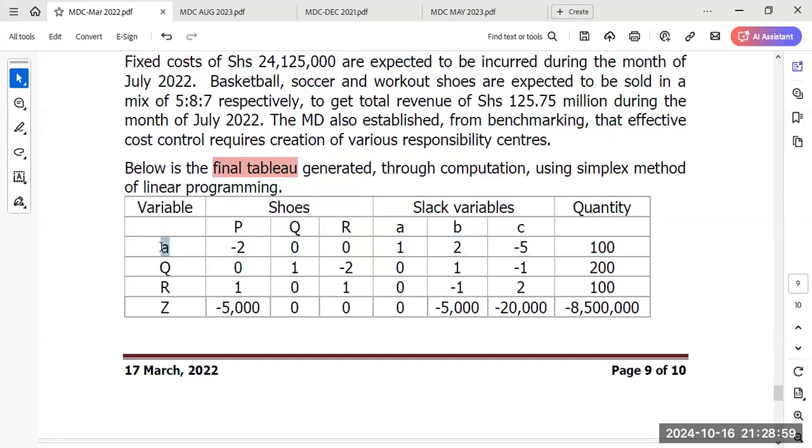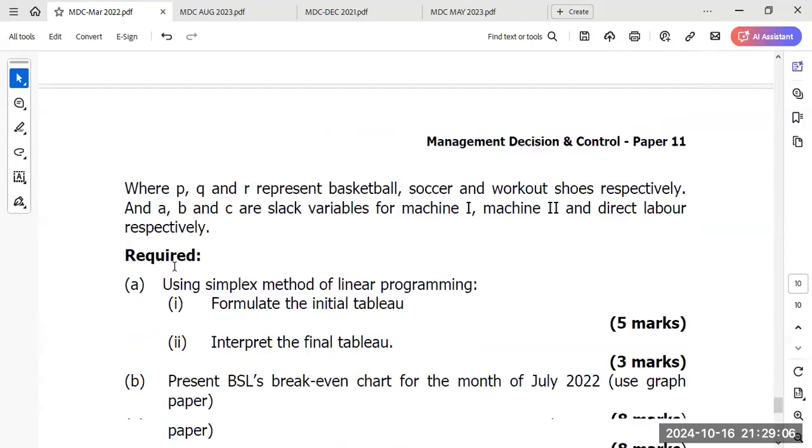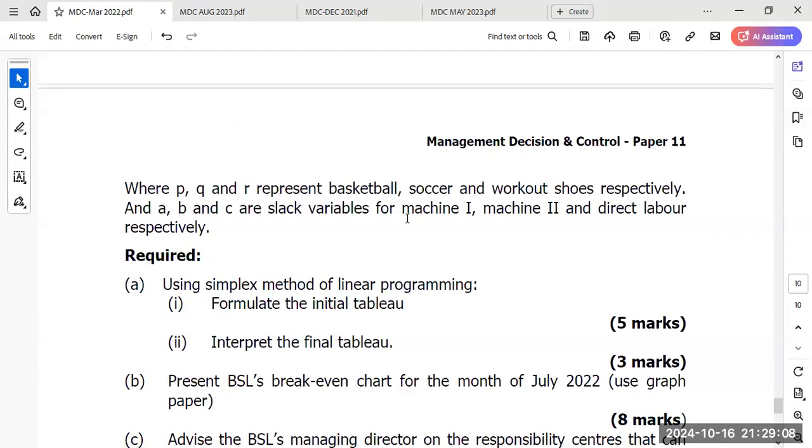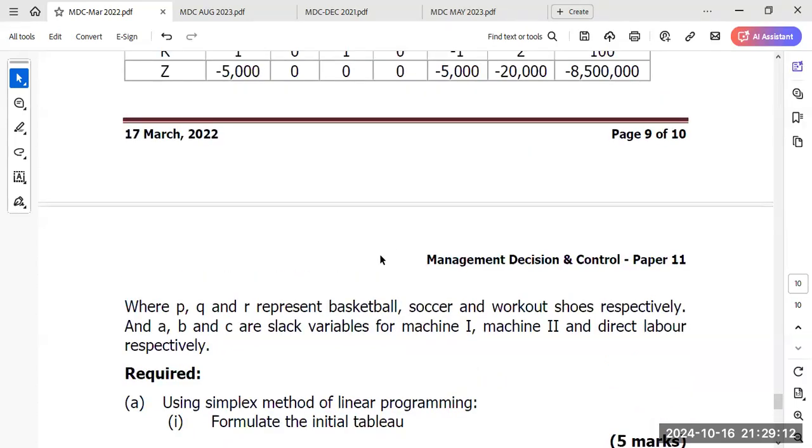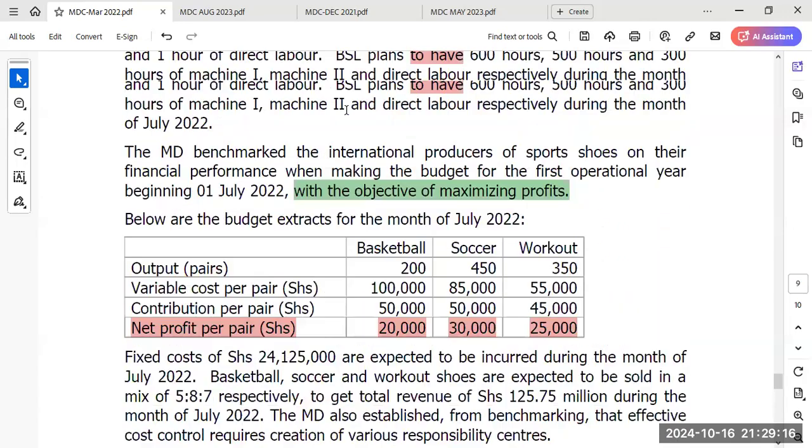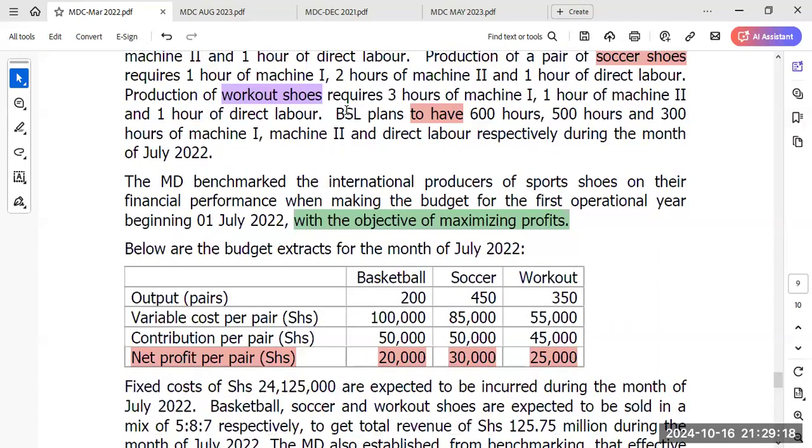This A you are seeing, it implies that out of what was available, remember A was representing what? A was representing slack variable. A is representing machine 1. So out of 600, remember machine 1, we had how many hours for machine 1?